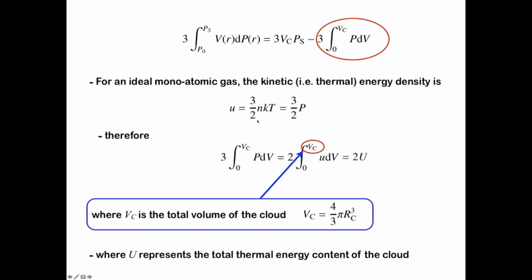We saw before that it is equal to rho times the sound speed squared, and I gave you the expression of the sound speed. So if you put this expression of the sound speed in here, and you know that rho is actually n times the mass, you will end up with this expression here. N is the number density of particles per cubic centimeter.